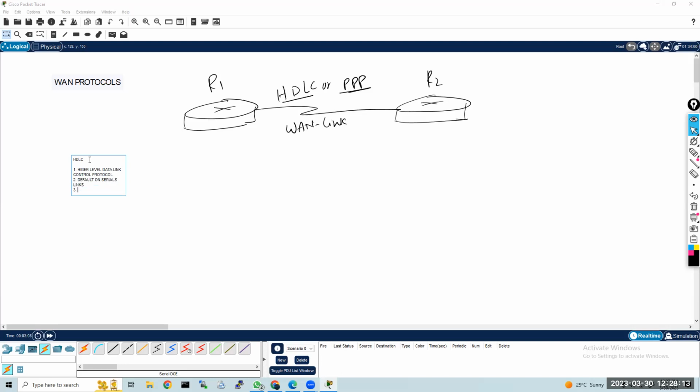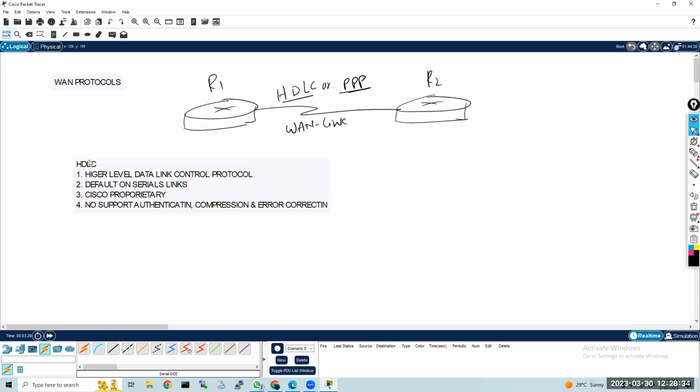And the third one is that it is Cisco proprietary. Okay, and no support for authentication, compression, error detection, and error correction for HDLC.